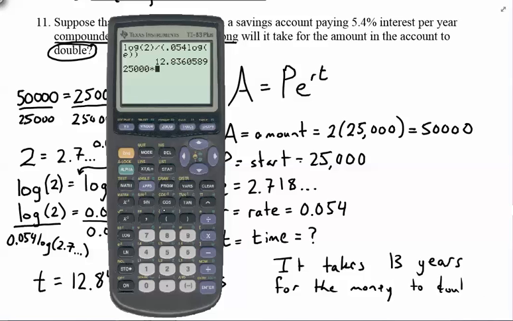I multiply it by e to the power of the interest rate times the time, which is 12.83. And the more decimals I keep, the closer my answer will be to the right answer. Does that equal 50,000? Well, $49,999.84 is pretty close to $50,000. So I'm pretty sure I got the answer right.